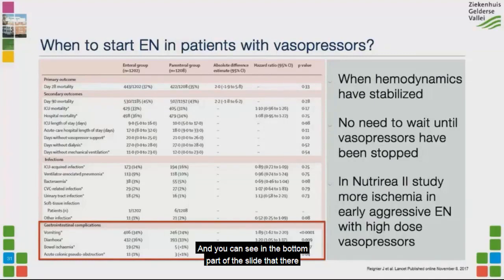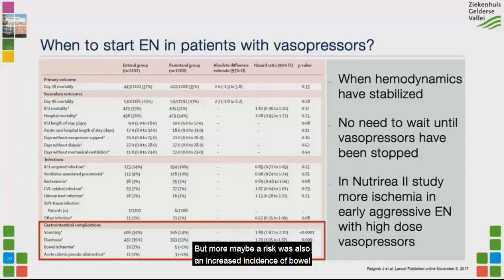You can see in the bottom part of this slide that there were more gastrointestinal complications in the group with early enteral nutrition. So a little bit more vomiting, but it's also striking to notice that in parenteral nutrition patients, in 24% of the patients there is still vomiting. So it's not only associated with enteral nutrition.